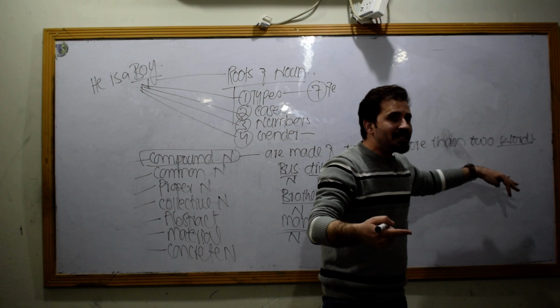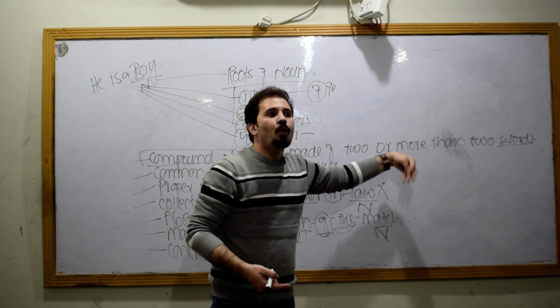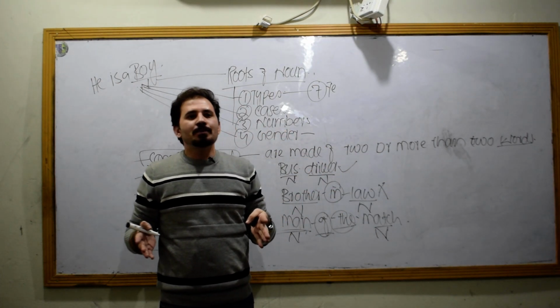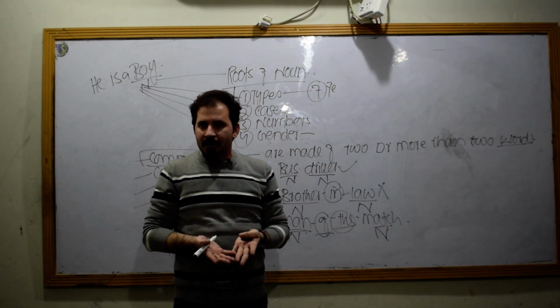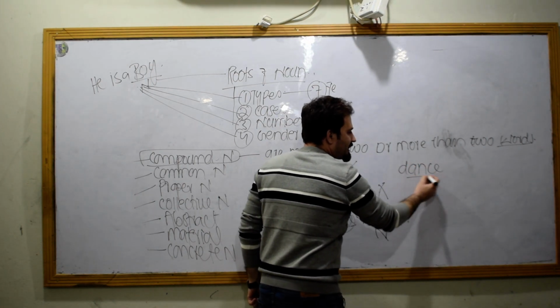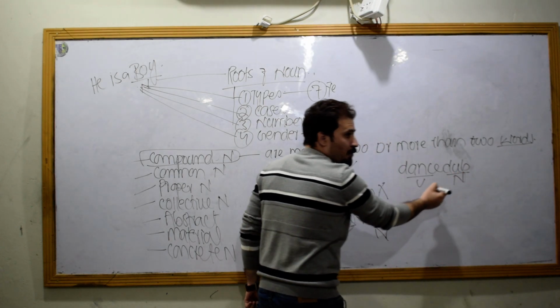How will we define it? Compound nouns are made of two or more than two words. Are you getting it? Yes. Because a compound noun cannot only be made of nouns. It can be made of a combination of something else as well. For example, if I say dance, dance is what? It's a word. Dance club. So what is club? It's a noun. Clear?